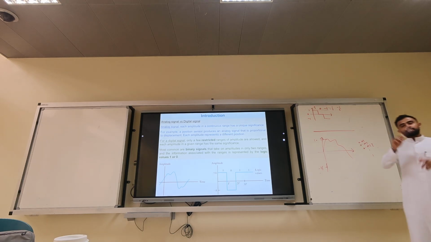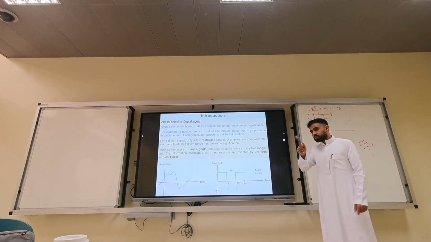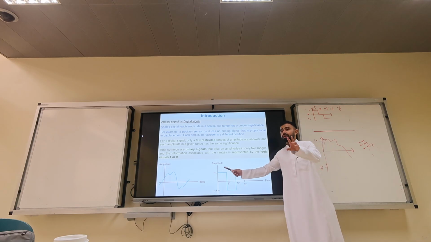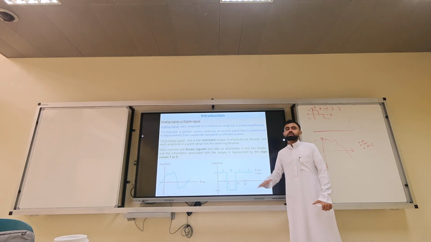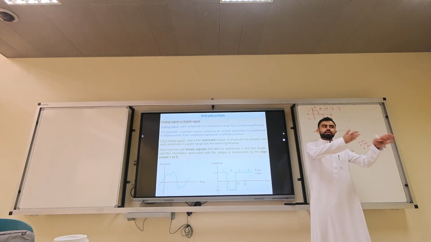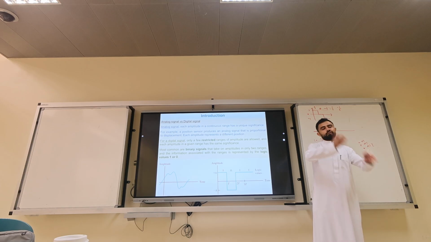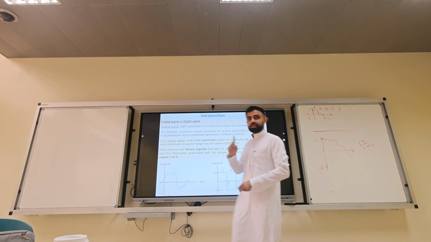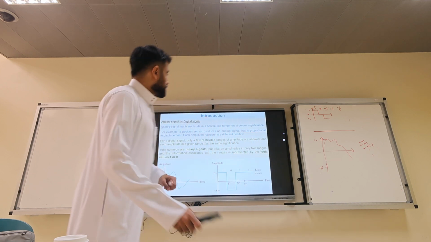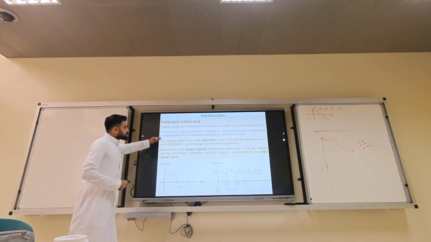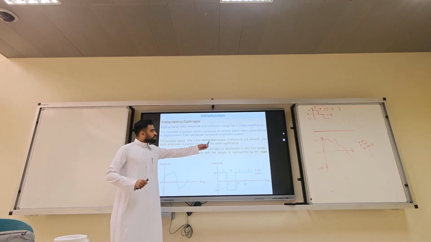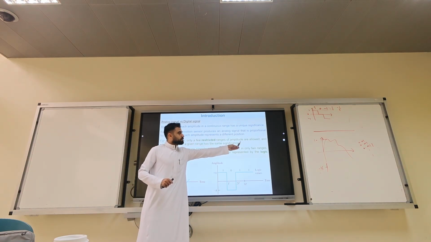It appears that the most useful one, Turki, is the binary one, which is 1 and 0. Either there is voltage or there is no voltage. Either positive voltage or negative voltage. Is it clear? For a digital signal, only a few restricted ranges of amplitude are allowed.